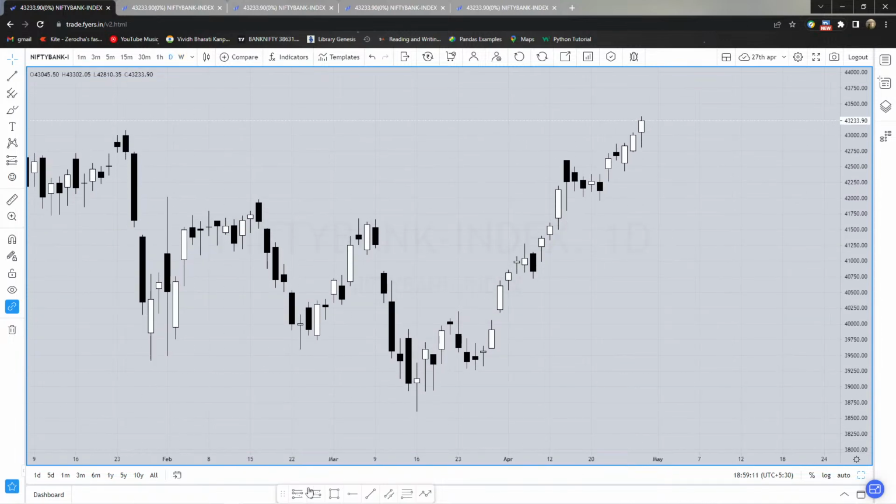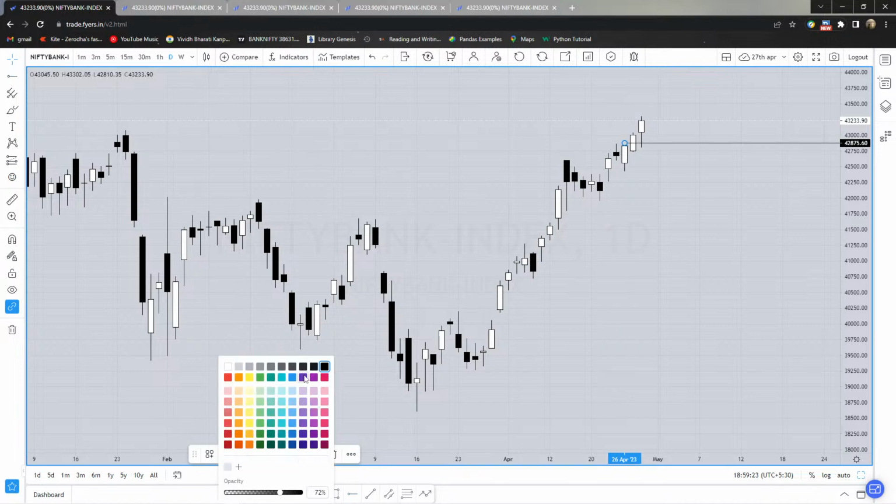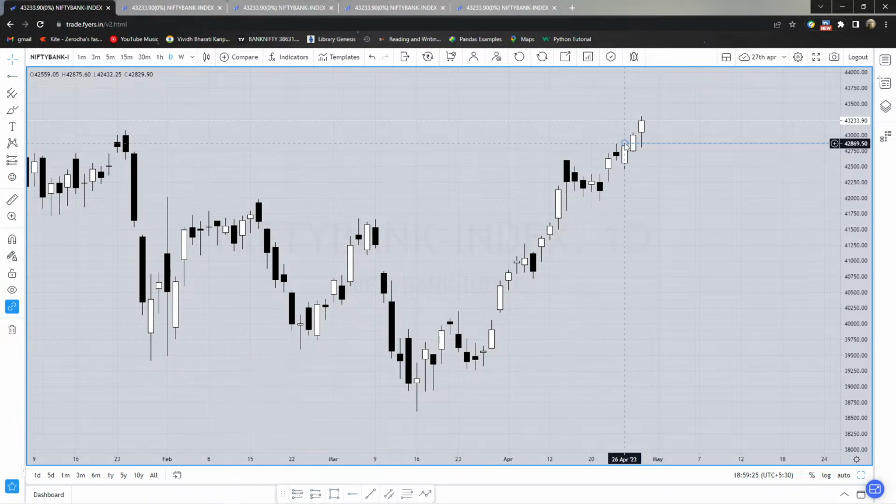We'll mark the previous day low and high, 25th, 26th. Yeah, previous day high. That will be a blue colored line. As you guys know, I mark my previous day lows and highs. What the hell? It got stuck.